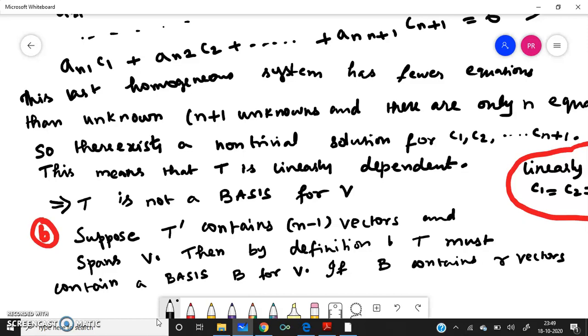What we are writing is that n minus 1 vectors are there in T and it spans V. We are taking the contradiction that it spans V.